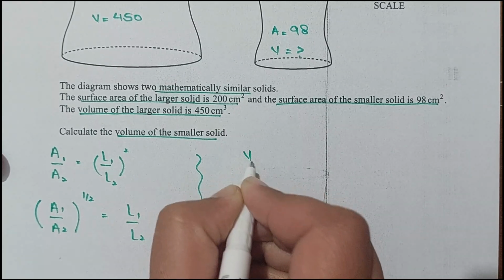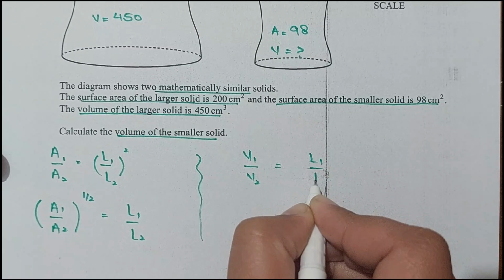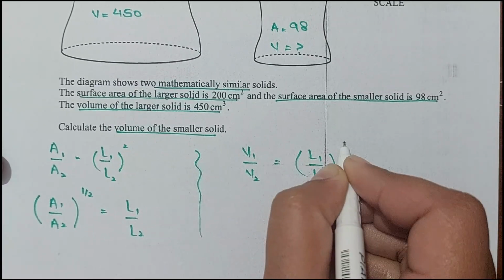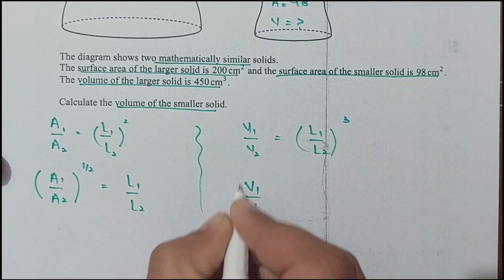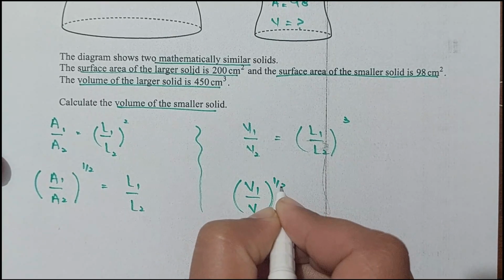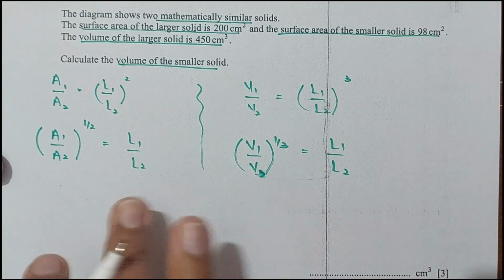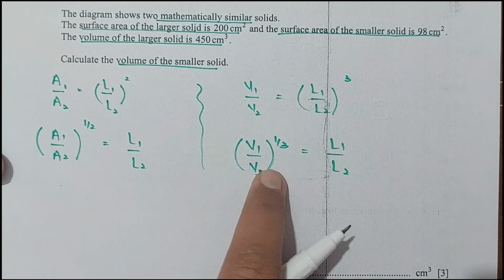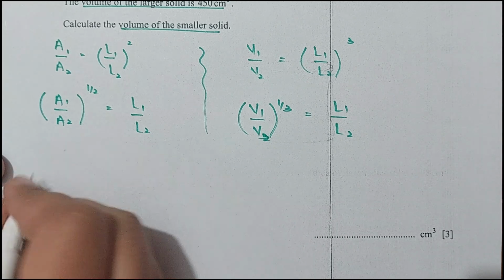Same is the case, volume of first and the volume of second, its ratio would be equals to length of first and the length of second, its whole cube, right? And we can say volume of first over volume of second, its cube root would be the ratio of the length. So comparing both of them, because we have given the surface areas and the volume, not the length or the dimensions of the solids.